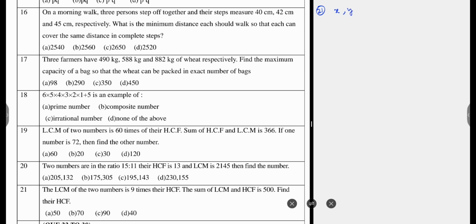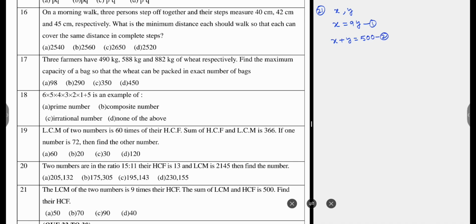According to the given information, LCM is 9 times the HCF, so x is equal to 9y. That is one equation. The sum of LCM and HCF is 500, so x plus y is equal to 500. This is equation 2.